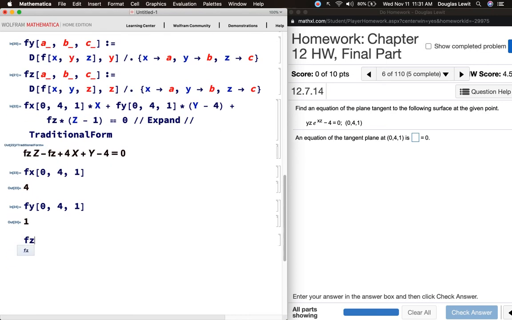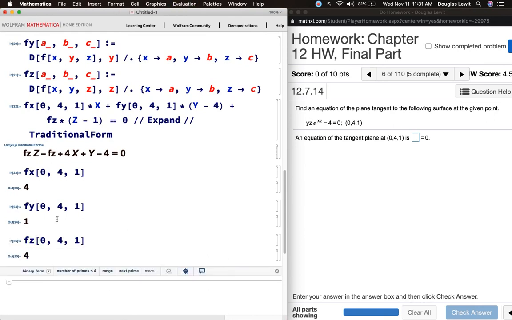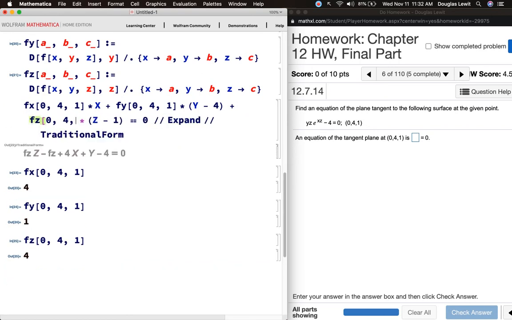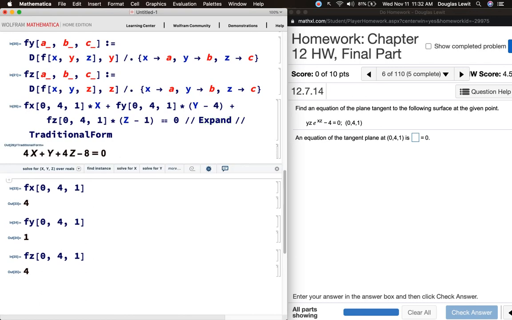Okay. Fz of 0, 4, and 1. Okay, so these are evaluating to numbers. Why am I getting... Oh, I see what's wrong. Yeah. Okay, 0, 4, 1. Okay, that looks a little bit better.